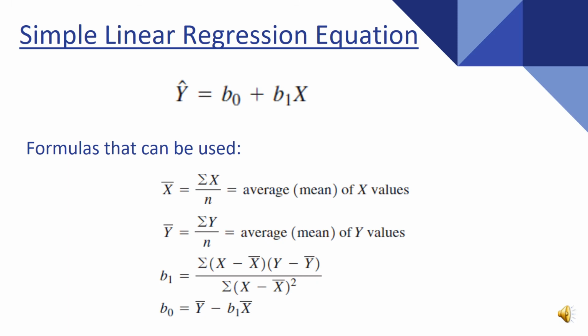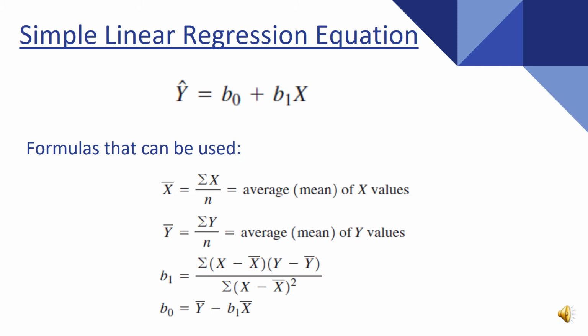In order to get the equation of the best regression line, or the line that would minimize the sum of the squared errors, statisticians developed the simple linear regression equation ŷ = b0 + b1 times x, in which the following formulas can be used.